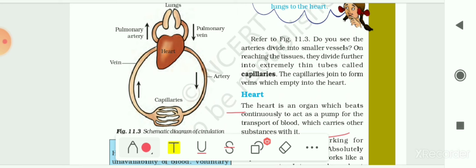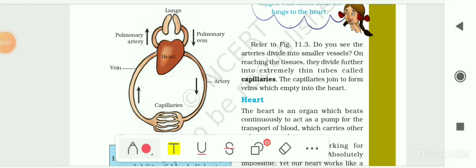Let us see first from the heart. Blood which is rich in carbon dioxide will flow through the pulmonary artery to the lungs. We already know the function of this: it carries the blood from the heart to the lungs, blood which is rich in carbon dioxide.